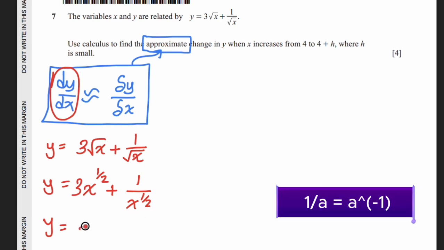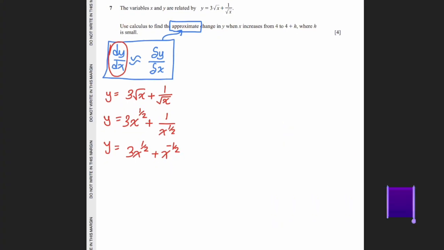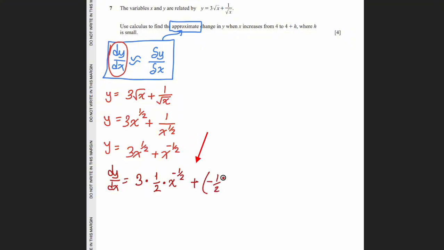That is done by just like this, and then we are going to differentiate this. The coefficient remains like it is, the exponent becomes the coefficient, and we decrease 1 from half and we get minus 0.5, that is minus half, and the exponent here turns into a coefficient, and we decrease 1 from minus 0.5 and we get minus 1.5, that is minus 3 over 2. Okay, let's simplify. Now that is our dy dx.